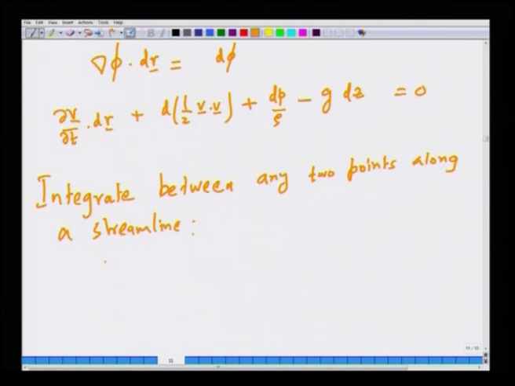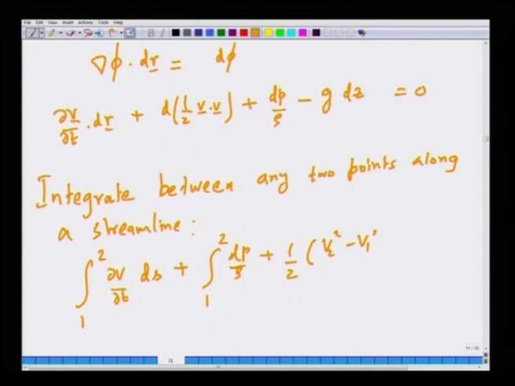I get the integral from 1 to 2 of partial v partial t along the arc length of the streamline, so it becomes a scalar, plus the integral of dp by rho plus half v2 squared minus v1 squared plus g times z.